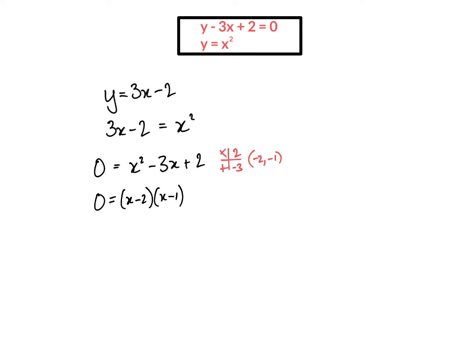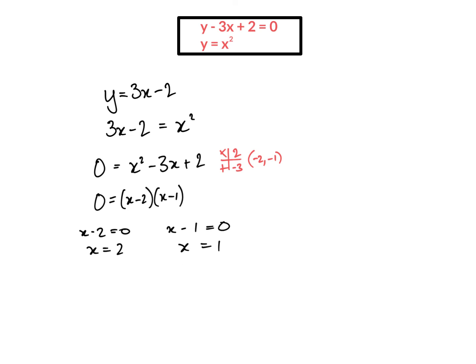I can go straight to brackets because it's a single x squared. And that's it factorized, but we want to solve that. So x minus 2 equals 0 means that x equals 2, or x minus 1 equals 0 means that x equals 1. And so we have, as we'd expect from a quadratic equation, two solutions.